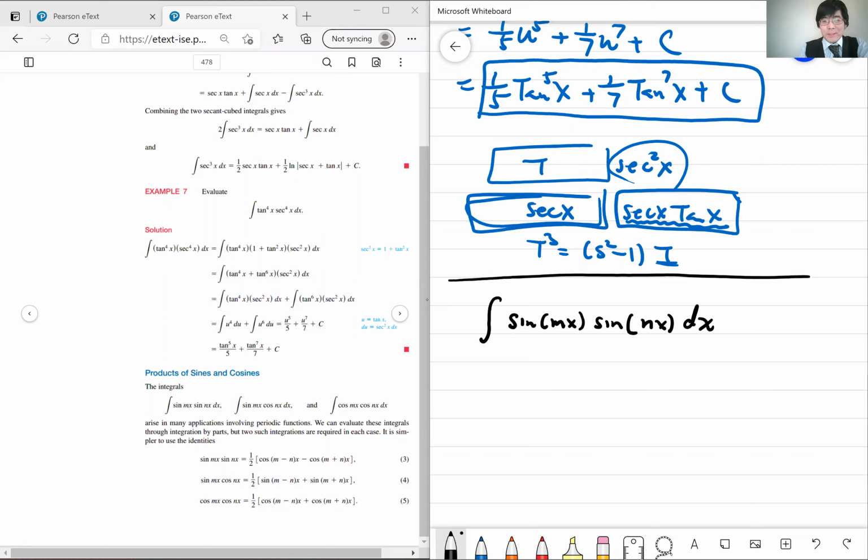If you do the integration by parts by putting f for this and g dash for this, and if you repeat the technique twice, you're going to get back to the original integration. So that's one way. Another way is probably much easier, using the product to sum formula for the trigonometric function. So using that, you can split into the sum, and that makes it much easier to integrate.